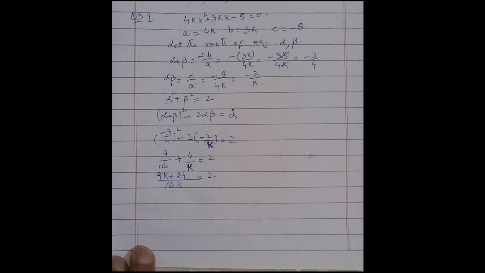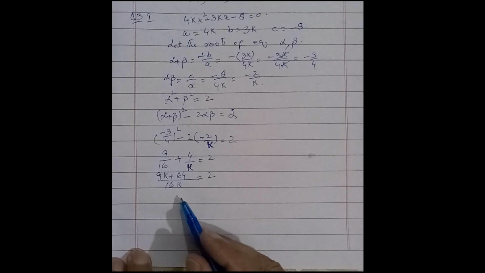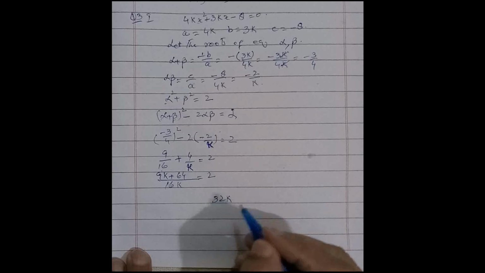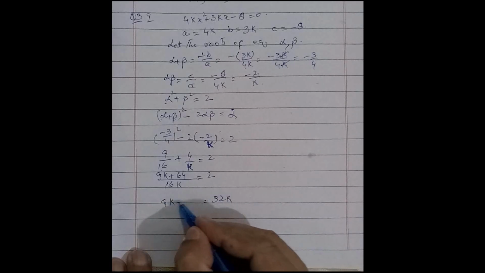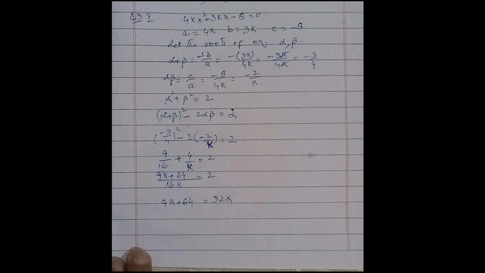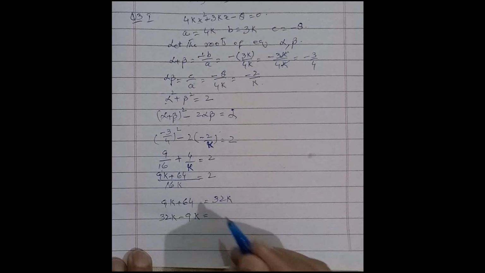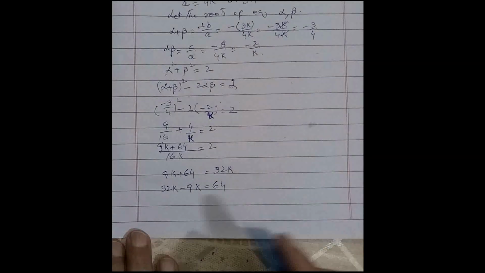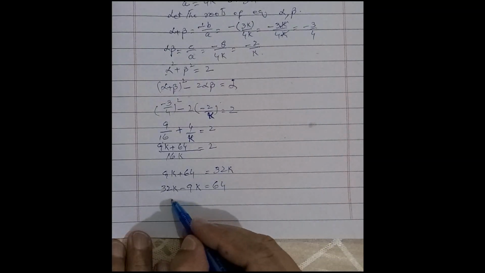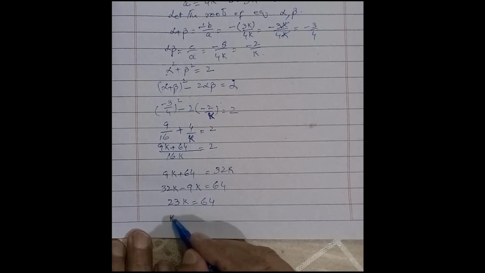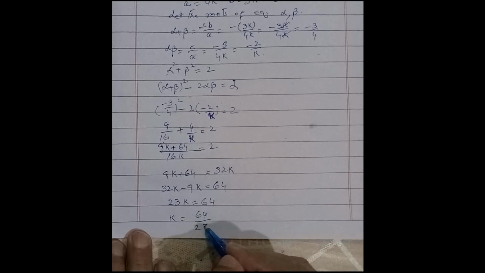Now we cross multiply: 16k multiplied by 2 gives 32k is equal to 9k plus 64. Shifting 9k to the other side, 32k minus 9k is equal to 64, so 23k is equal to 64, and k is equal to 64 over 23.